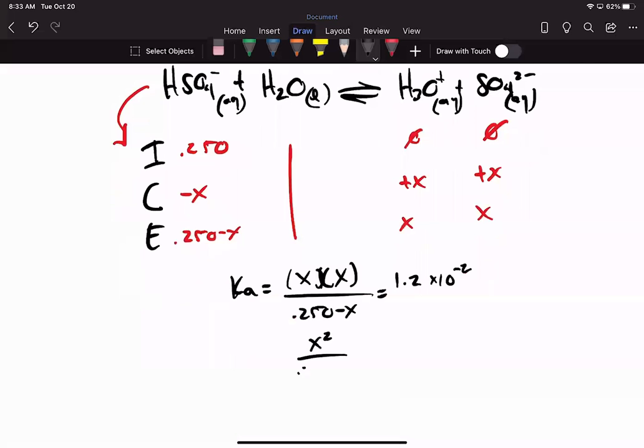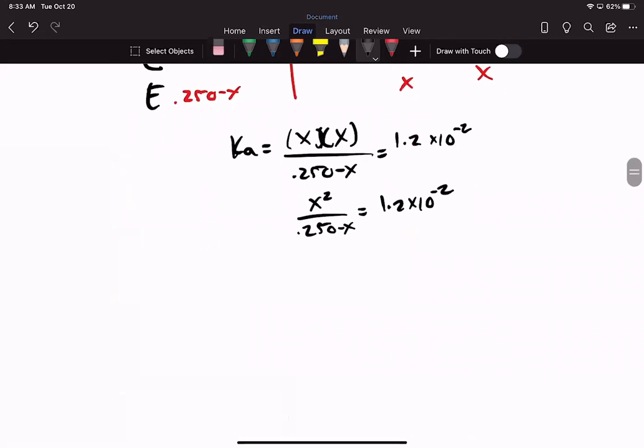X squared over 0.250 minus x. What is x equal to? X is equal to 0.049. Otherwise, you would be expanding this out and doing the quadratic formula, or using the solver on your calculator.